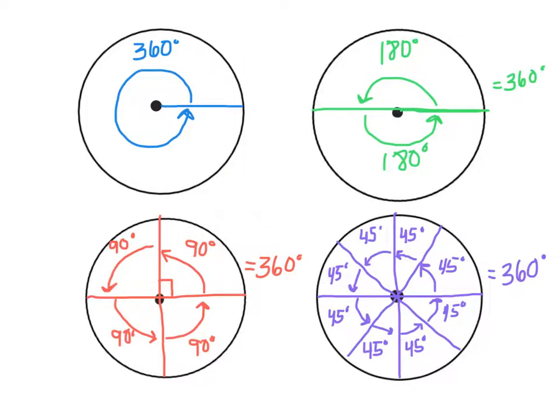And we can show these rotations and these degrees using pictures, just like we have here, or using tables like we used in our last video. So for this next question, we're going to use pictures and a table to solve the problem.